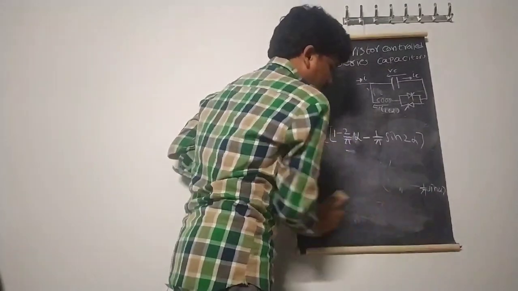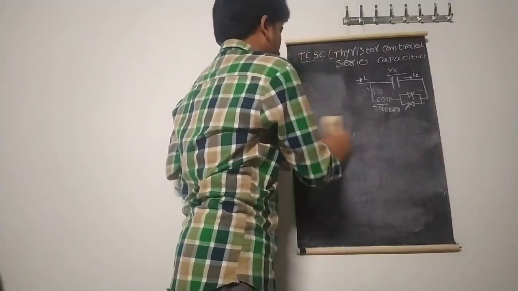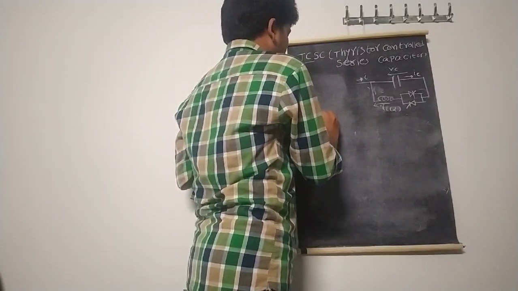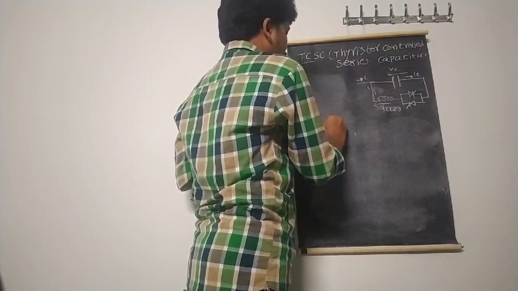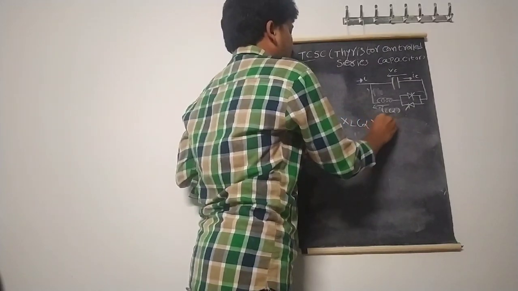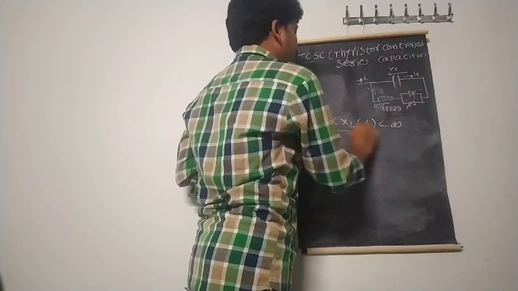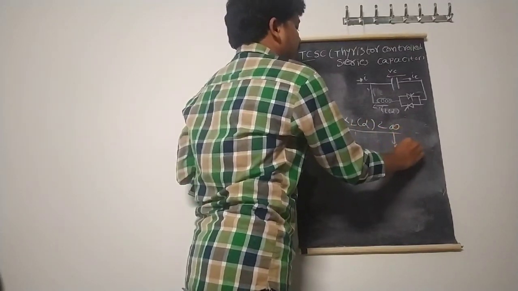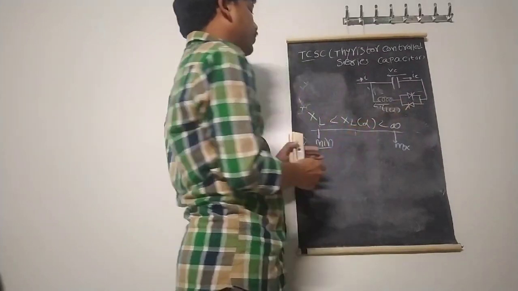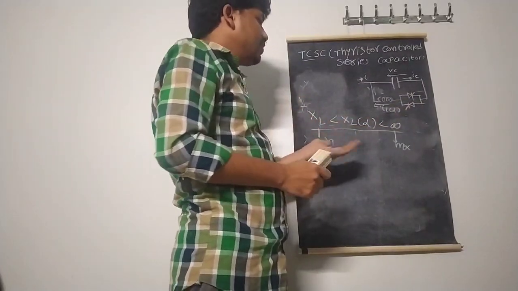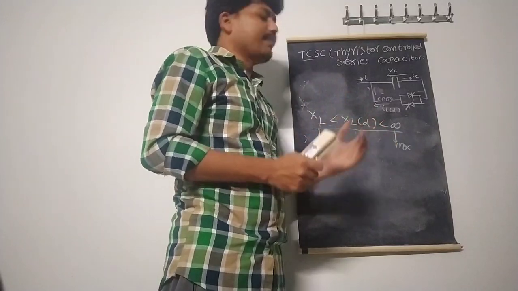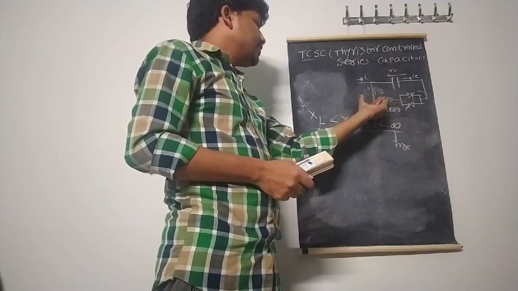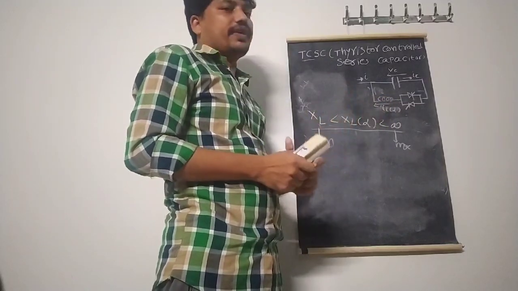So from this we can determine that the XL value is in the range between XL to infinity. This is the minimum inductive reactance. This is the maximum inductive reactance based on the alpha. Put alpha equal to 0, we get XL. If alpha equals some angle, we can get the maximum value. So this is the range of inductive reactance in the TCR from minimum to maximum.